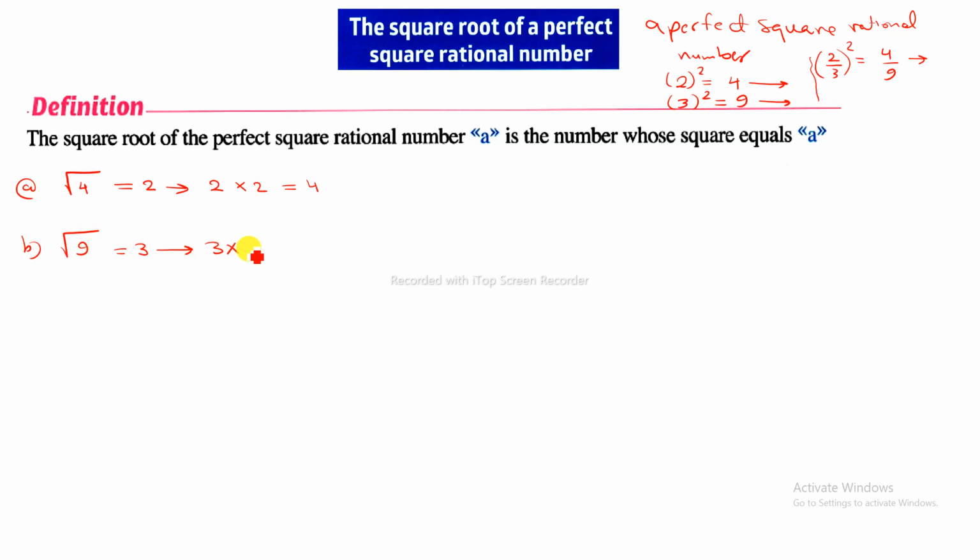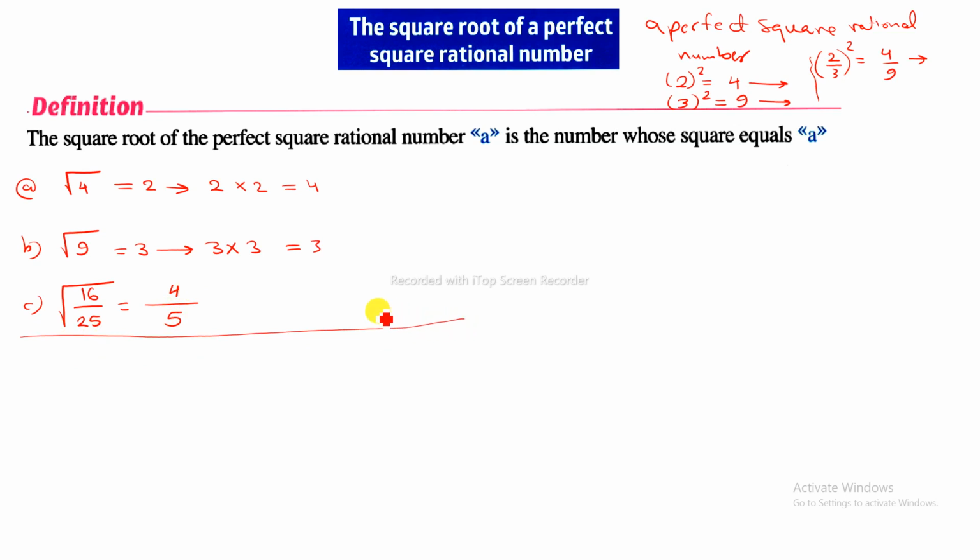Because 3 multiplied by 3 is equal to 9. The square root of 16 over 25. طبعا ايه النمبر times itself equals 16 over 25؟ What is the number multiplied by itself equals 16? 4. What is the number if multiplied by itself equals 25, which is 5.